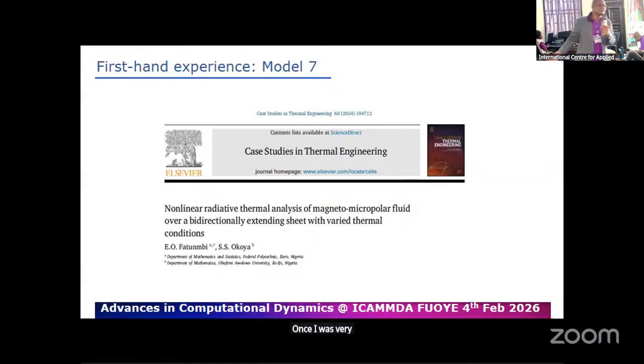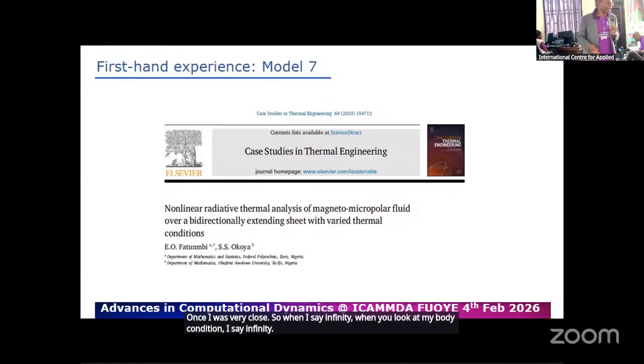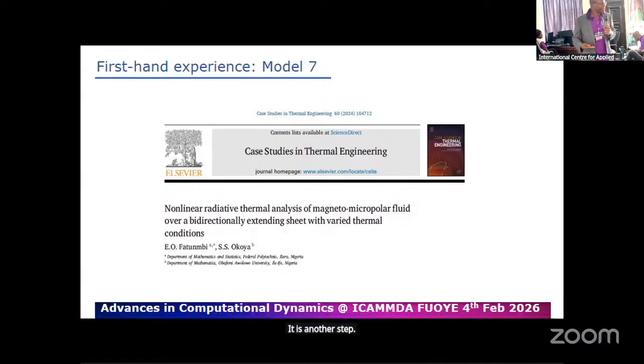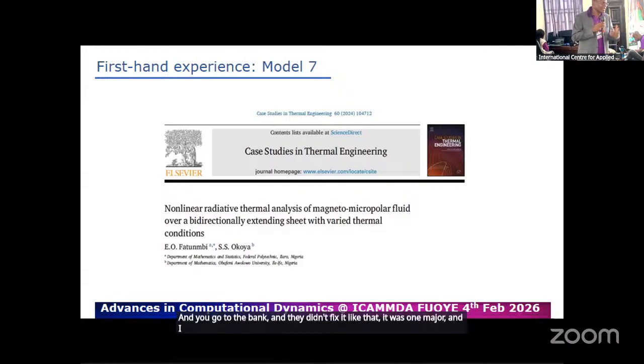So when I say infinity, when you look at my boundary condition, I say infinity. Infinity is a number. So you say, what is infinity? Infinity is in the context of what you are doing. I can tell you that 1 million naira is infinity. Why? Because if I look at 1 million naira in the context of 50 naira notes, and you go to the bank and they give you 1 million naira in 50 naira notes, you will reject it.